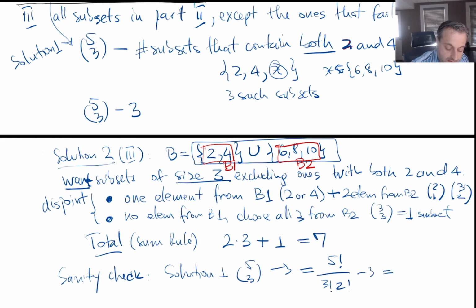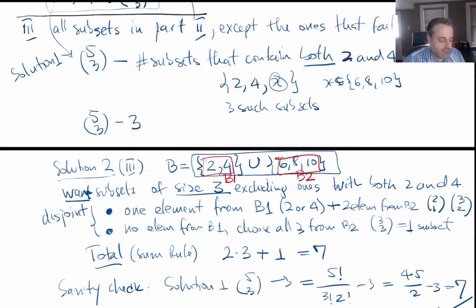That is 4 times 5 by 2 minus 3. That's 20 over 2, that's 10. 10 minus 3 is 7. Okay, so it checks out. So it means we have both solutions producing the same answer. That's a very good thing, right?